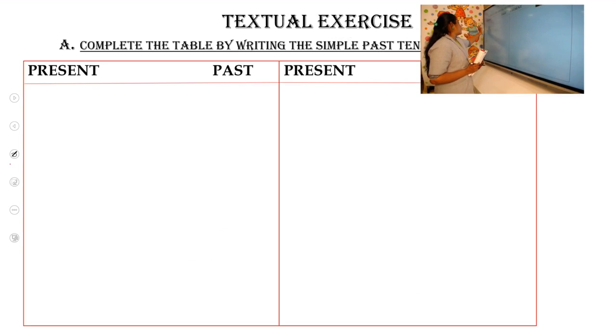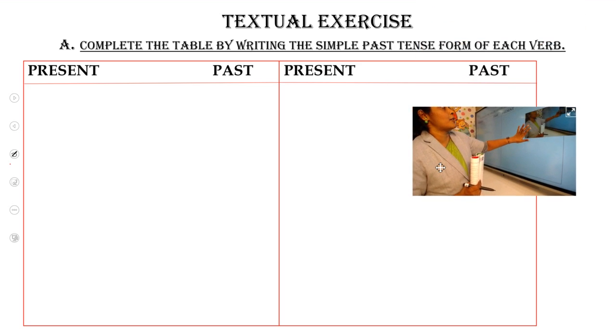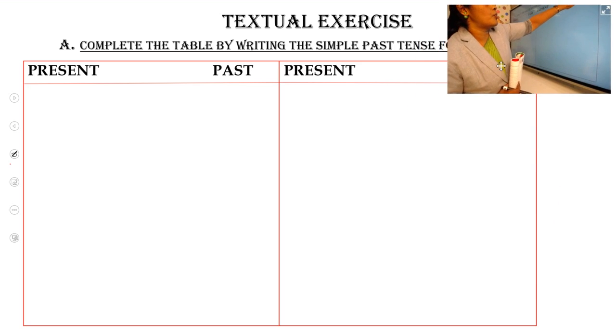So we will go for the first example. It's a simple textual exercise. Exercise A. Complete the table by writing the simple past tense form of each verb.